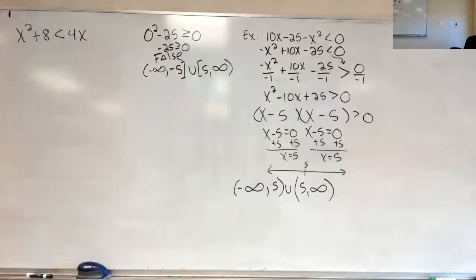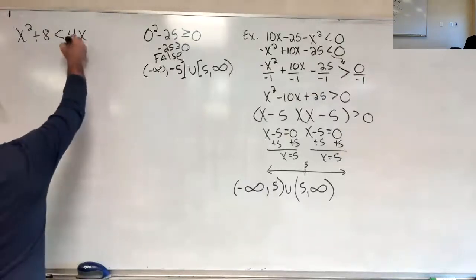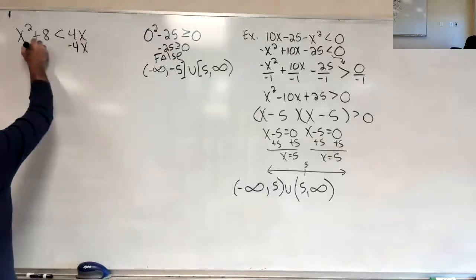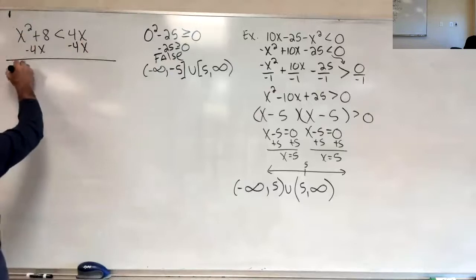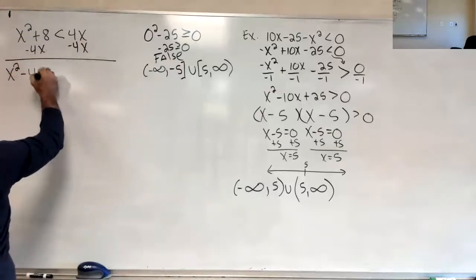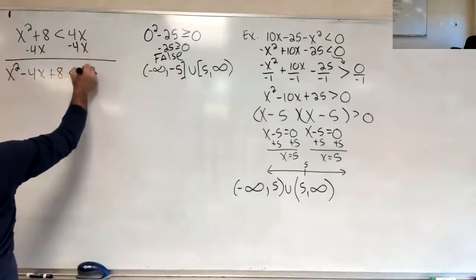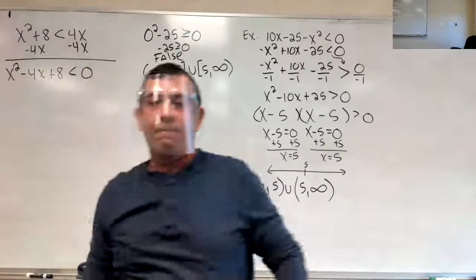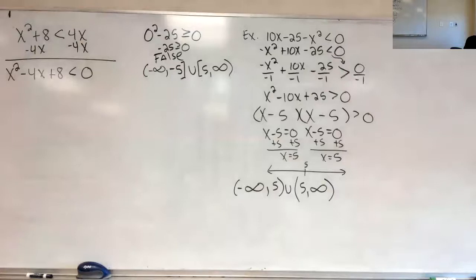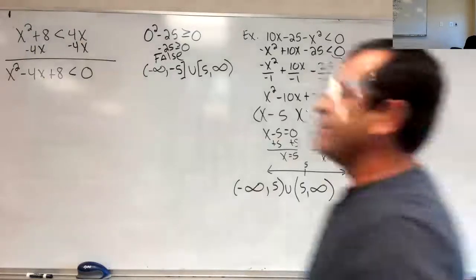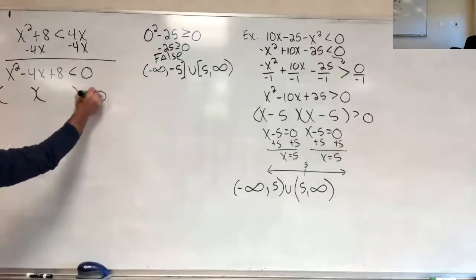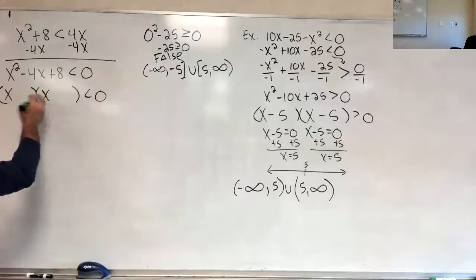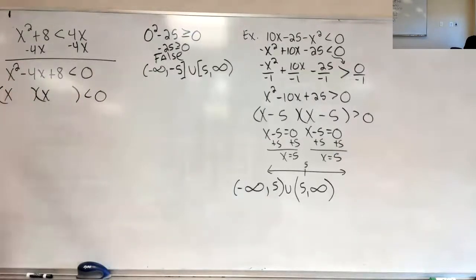So we're going to subtract 4x from both sides. So what do we get, y'all? We get the x squared, then we'll put the negative 4x plus the 8 will be less than 0 now. So y'all hitting that with the quad, or we can try to factor that, right? Well, I know I got an x and an x. We know both of these signs will be negative.